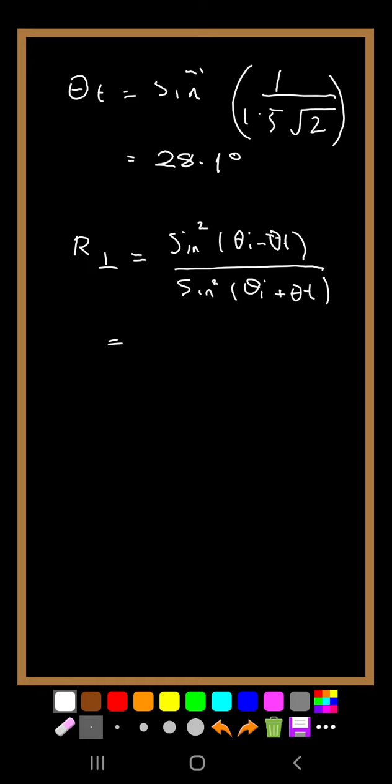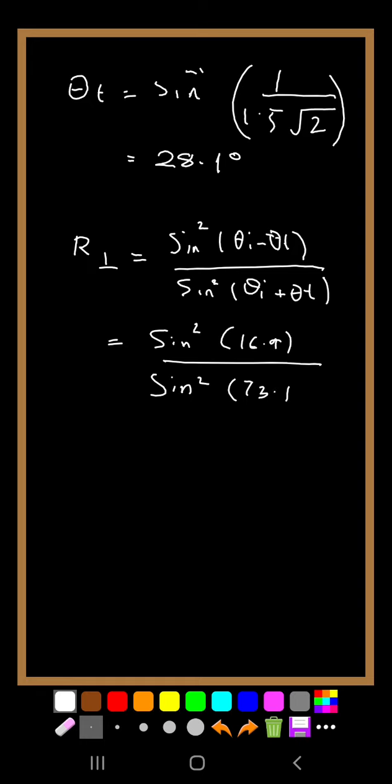So this is actually equal to sine square 45 minus 28.1, so it has to be 16.9 degrees in the numerator, and sine square 73.1 degrees in the denominator, and turns out to be equal to 0.93392.